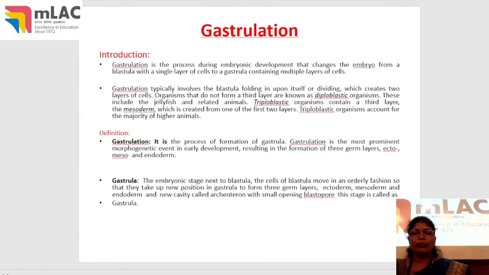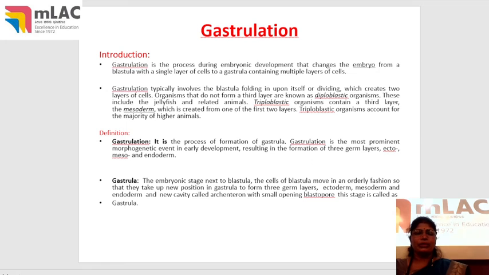Gastrulation is the process of formation of the gastrula, and it is the most prominent morphogenetic event in the early development of any organism. The result of gastrulation is the formation of the gastrula.